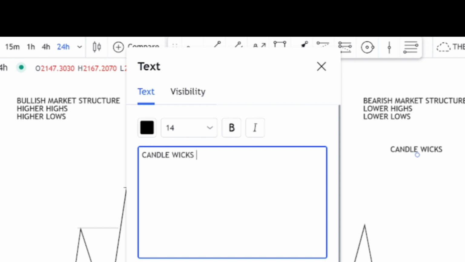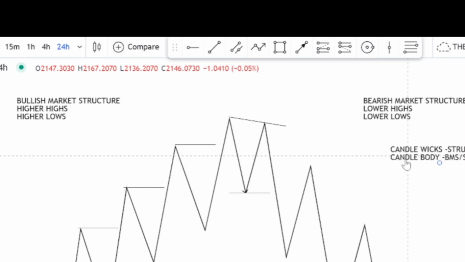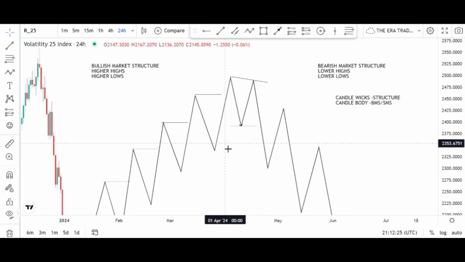All right, use candle wicks for structure, and we use candle body for BMS, slash SMS. So we use candle wicks for structure, and we use candle body for BMS.